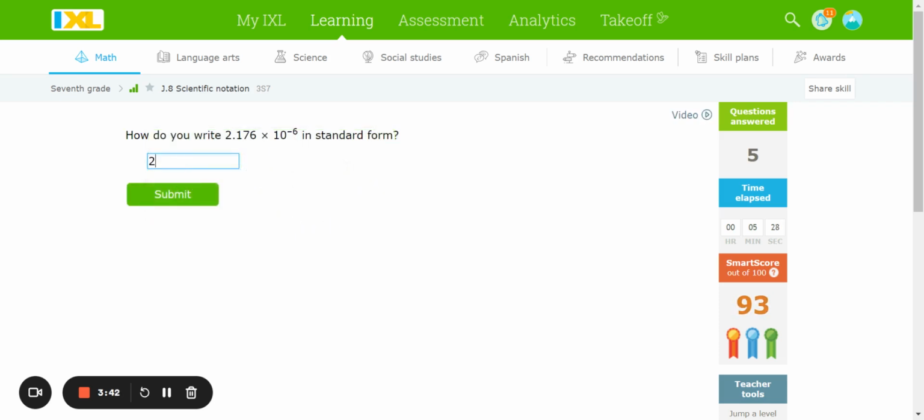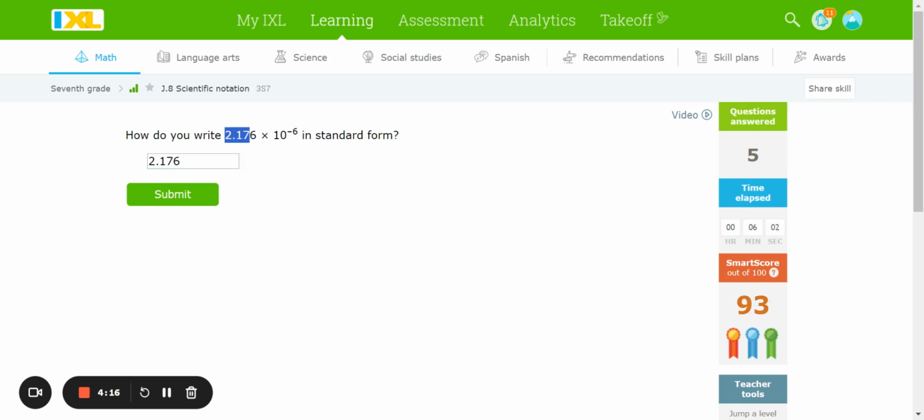All right, beautiful. So let's start out by writing this number, 176. So this time I'm jumping my decimal to the left, right? So I'm going to go 1, right? Once I jump that first one, I can start writing in the zeros. 2, 3, 4, 5, 6. Now, all right, let me delete my decimal. My decimal is all the way up here at the front. Now, that's one way to do it, right? When I hit submit, I'm going to get the answer right. But there's an even easier way to do this whenever we have a negative exponent.